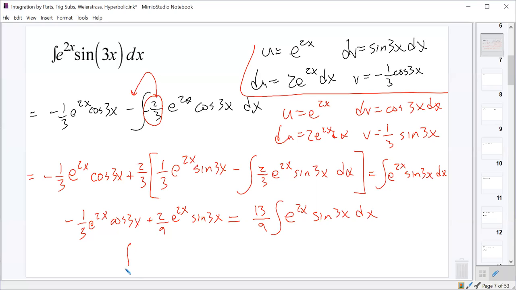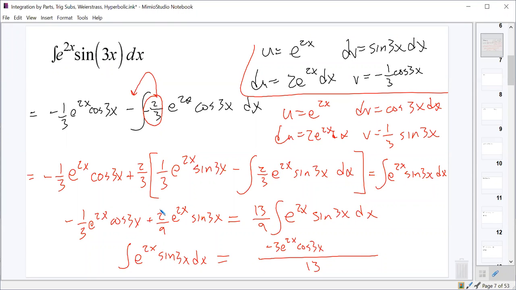And so the integral of e to the 2x sine 3x dx, I just got to multiply this by 9 and divide by 13. So I'm clearly going to have an over 13, right? If I multiply by 9, this one's going to become negative 3 e to the 2x cosine 3x.